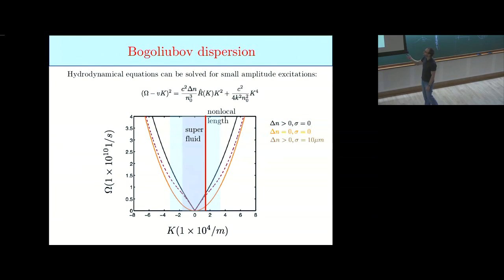This is already an example of where non-locality can get in the way. If you want to study superfluidity using these photon fluids, then you're in trouble, because if you have a large non-local length, then the superfluid region will be cut off and can become very difficult to access.